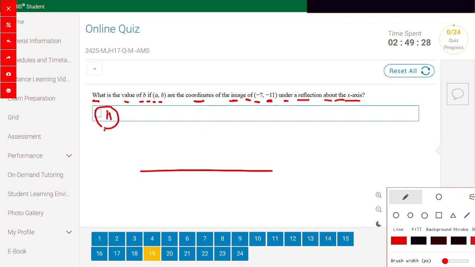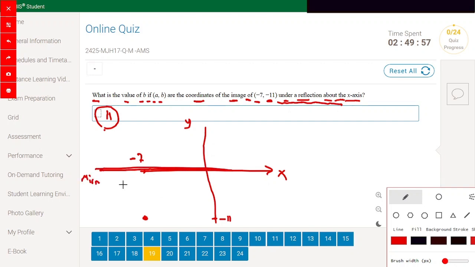Now let's draw this point. So this is x and y, okay? Now we have the point (-7, -11). Let's assume this is -7 and here -11, so this is the point. Now here it says under reflection about the x-axis, so this x-axis is the mirror.